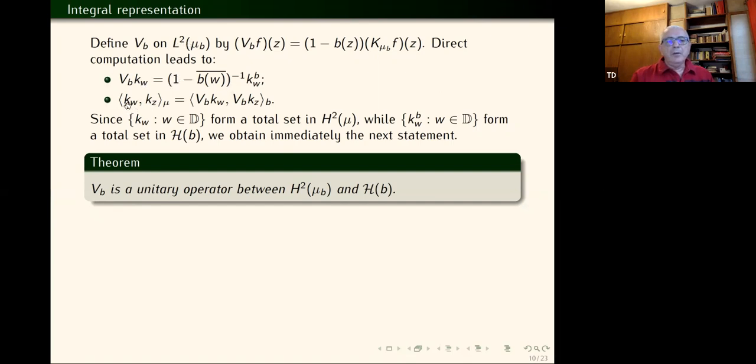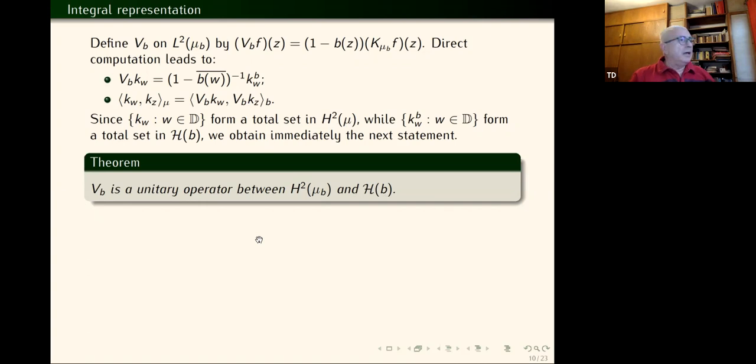And the scalar product of two Cauchy kernels with respect to mu is precisely equal to the scalar product of their images through VB. So since we have in the left-hand side a total set in H2 of mu, in the right-hand side a total set in H of B, we immediately obtain that VB is a unitary operator between this space and our H of B.